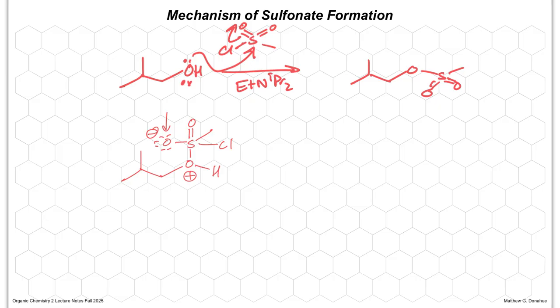So sulfur can again expand its octet because it's below oxygen. At this point, we'll do an acid-base reaction. So that oxygen will end up happy.